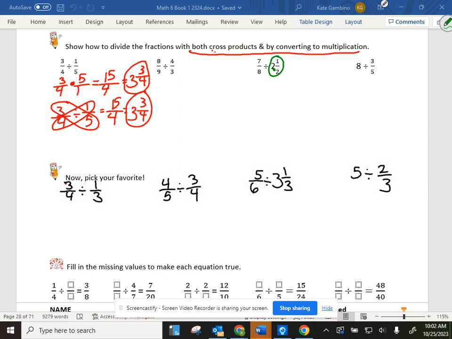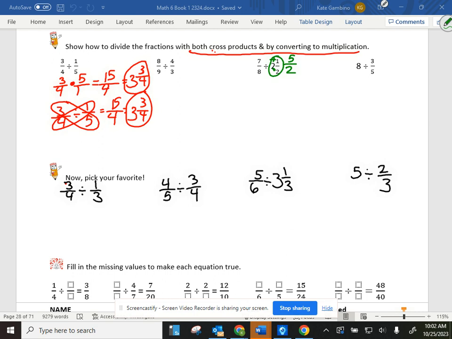So 2 times 2 is 4. And then we add the numerator. So 2 times 2 is 4 plus 1 is 5. And our denominator stays the same. Now we have a fraction that we know how to work with. So when you have a mixed number in there, you have to convert it to an improper fraction, and then we can do our multiplying, dividing.